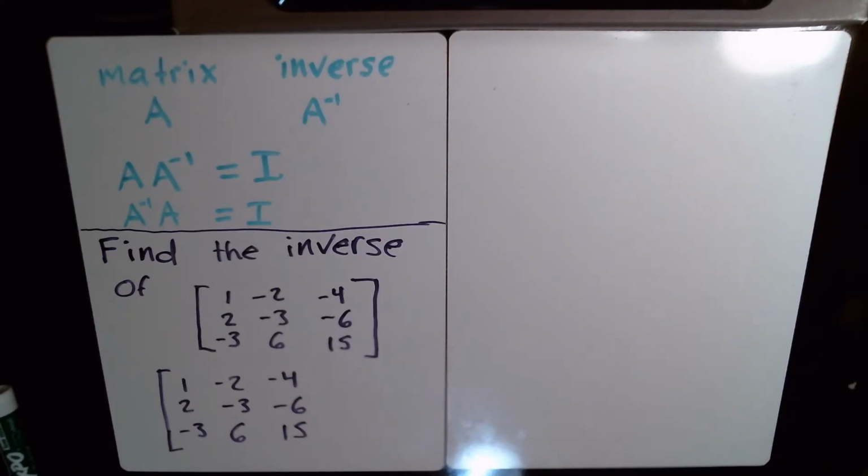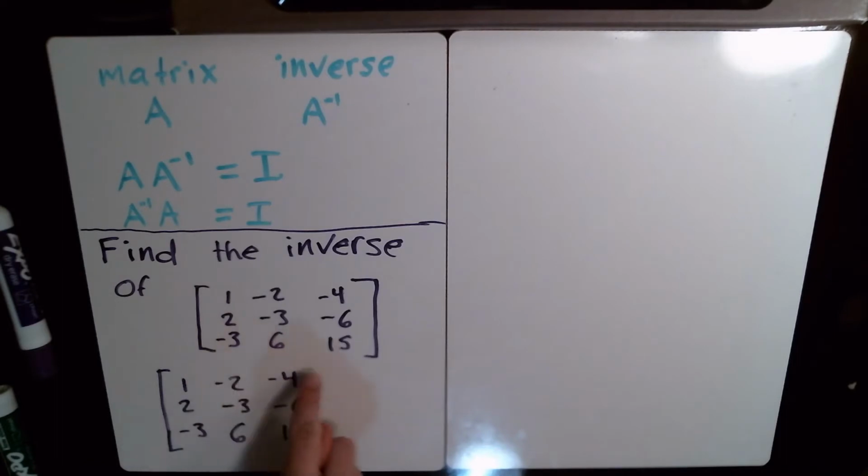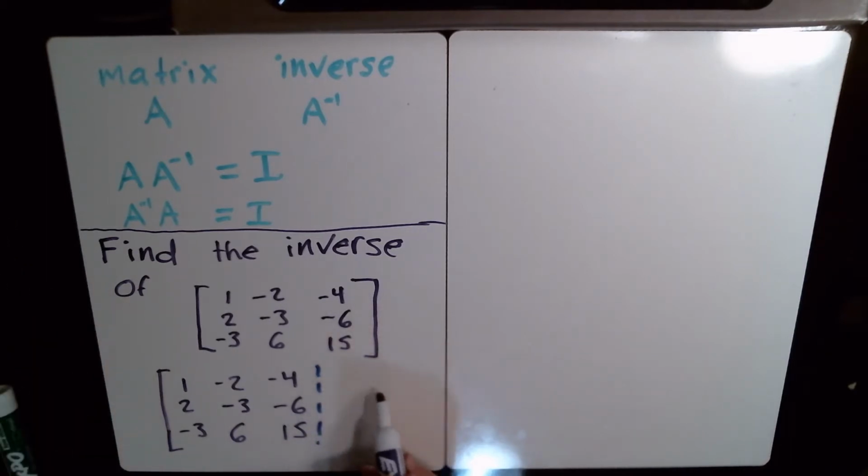And what you're going to do is you're going to throw on to that matrix the identity matrix of the same size. Okay, so in this case, I'm working with a 3 by 3 matrix. I'm going to draw a little dotted line here so that I keep track of what I'm doing here. And what I'm going to do over here is I'm going to put in the 3 by 3 identity matrix. So that's ones down the main diagonal, okay, and zeros in all the other positions.